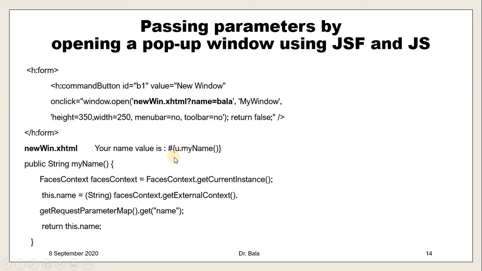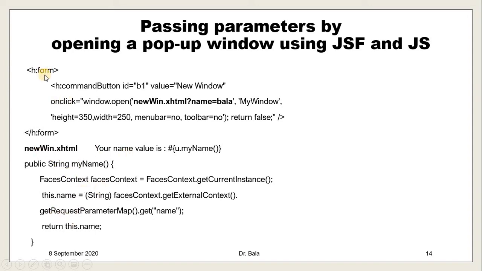This is another page. And the myname method, which we declared in the manager bean, I have shown here. So there are three different programs: the first is the design window or view, the new one is a separate view, and we have the manager bean here.